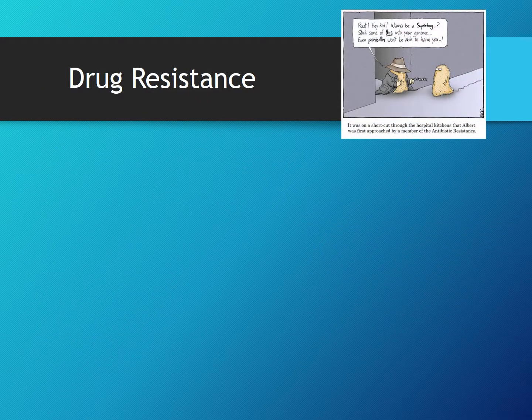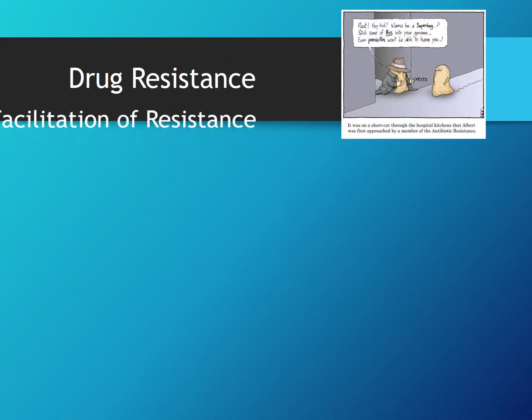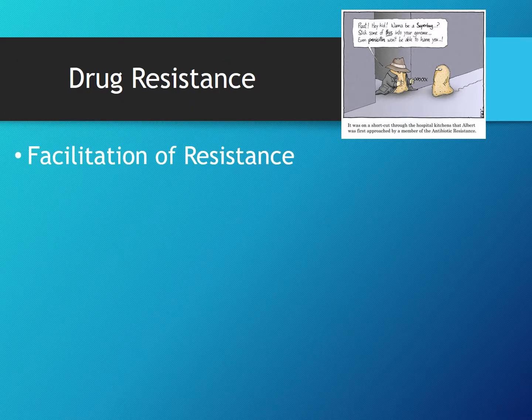So with drug resistance, we have essentially facilitated, by our usage of antibiotics, the development of resistance.